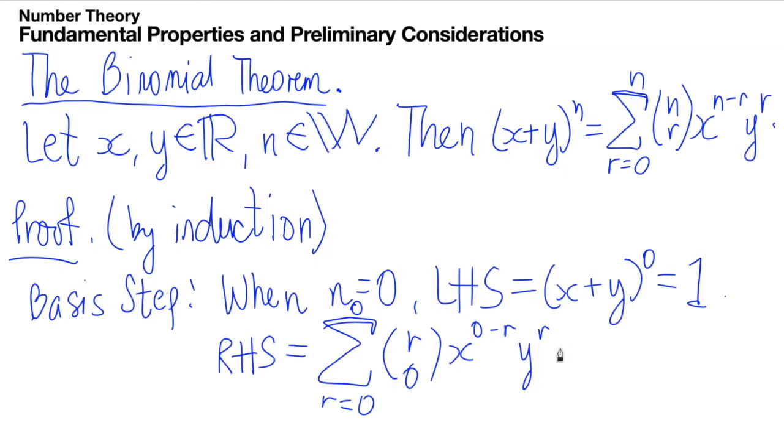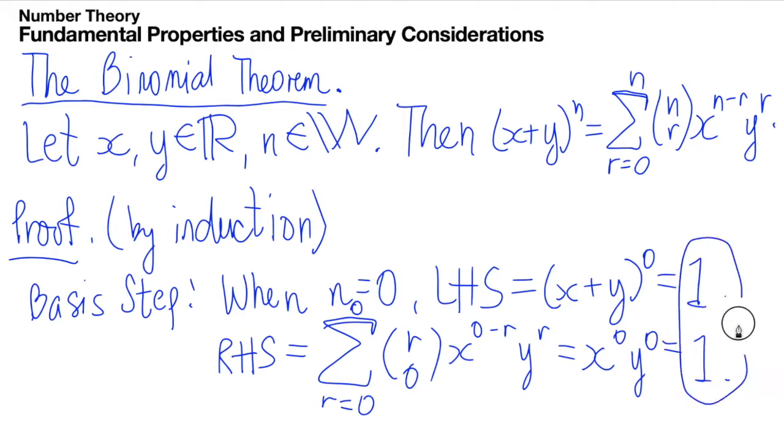Since r is only 0, this becomes x raised to 0, y raised to 0, and this is equal to 1. Then we can see that clearly our left hand side and right hand side are equal.